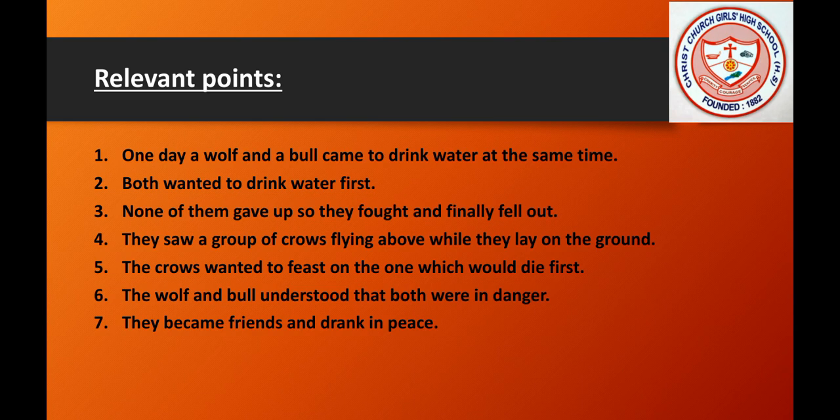Fourth point, they saw a group of crows flying above while they lay on the ground. Fifth point, the crows wanted to feast on the one which would die first.